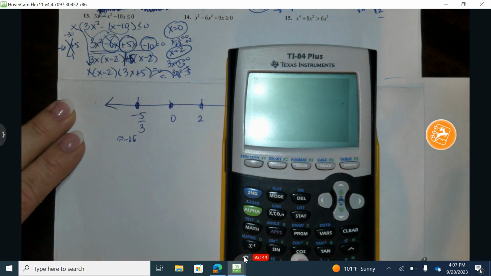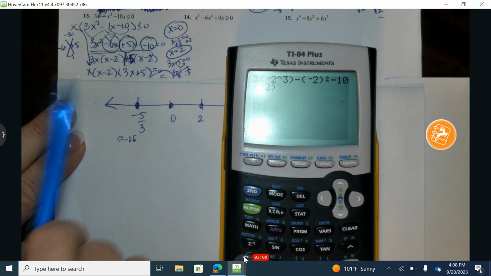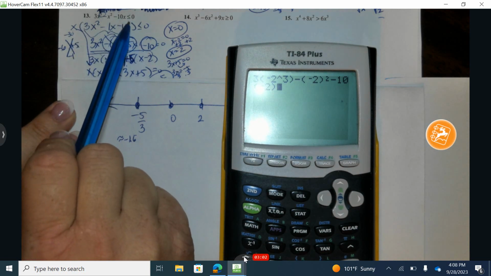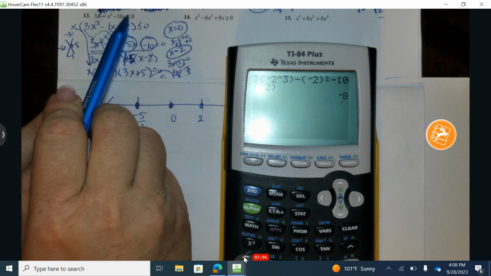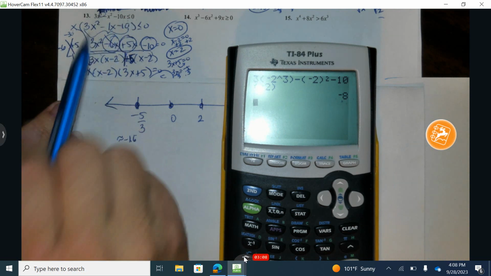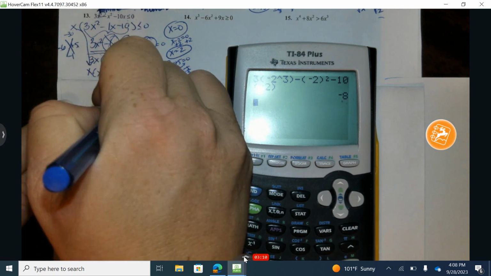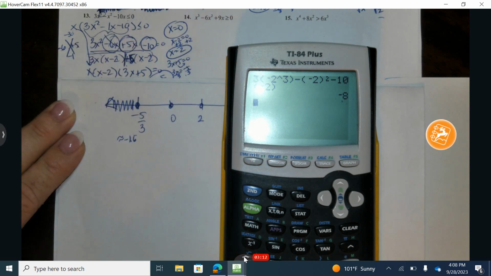So I have 3 times the quantity negative 2 to the 3rd power, subtract in parentheses negative 2 squared minus 10 times negative 2. Okay, I want to know, is that less than or equal to 0? Negative 8. Negative 8 is in fact less than 0. Because I plugged in a number to the left, I get to shade this in.